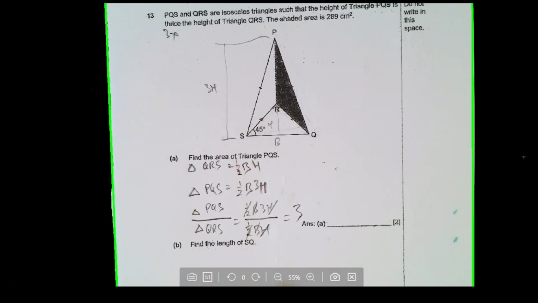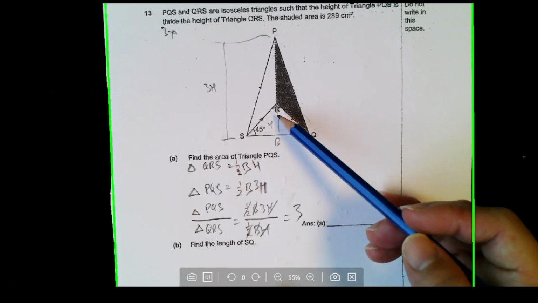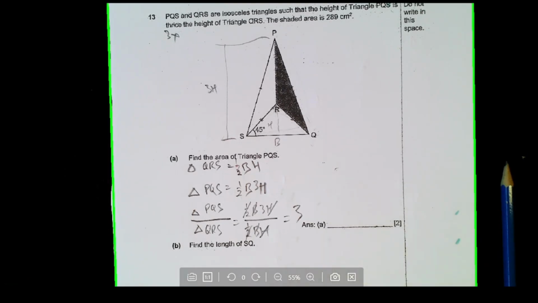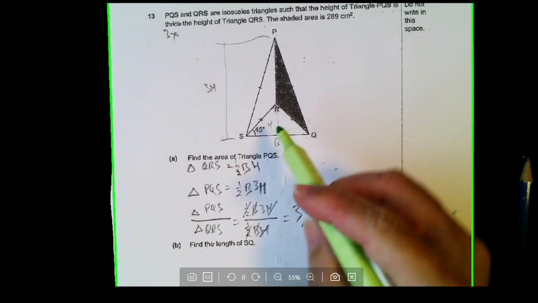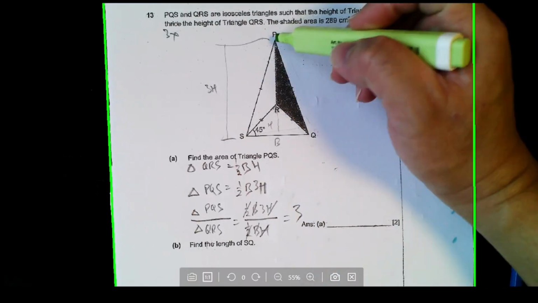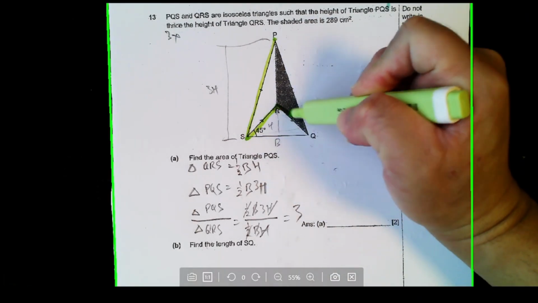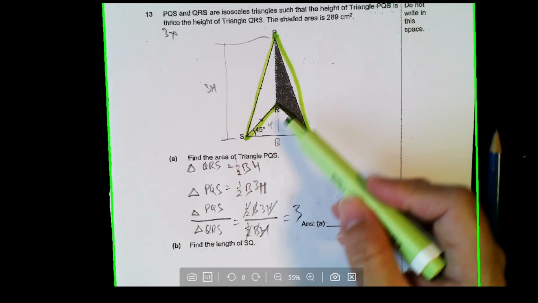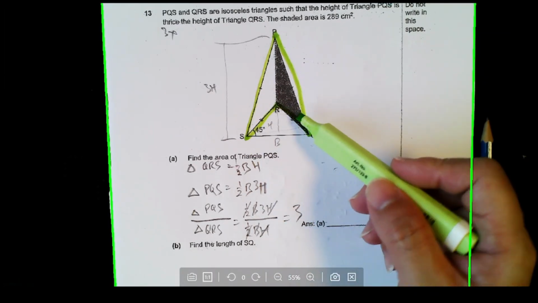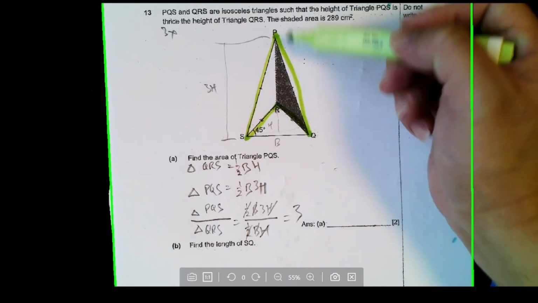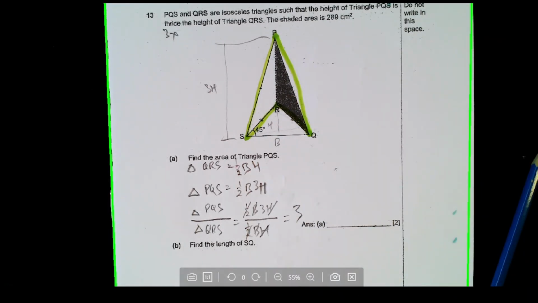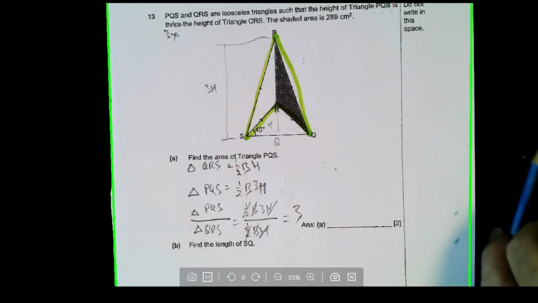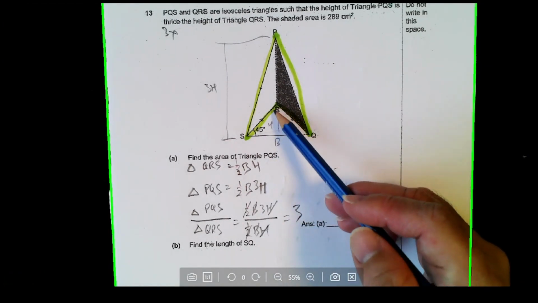Okay? Now, 3 times. So which means, okay, this is the small triangle, right? Which means if the whole thing is 3 times the small triangle, then this part, the green one that I highlighted for you, must be 2 times the area of the small triangle.